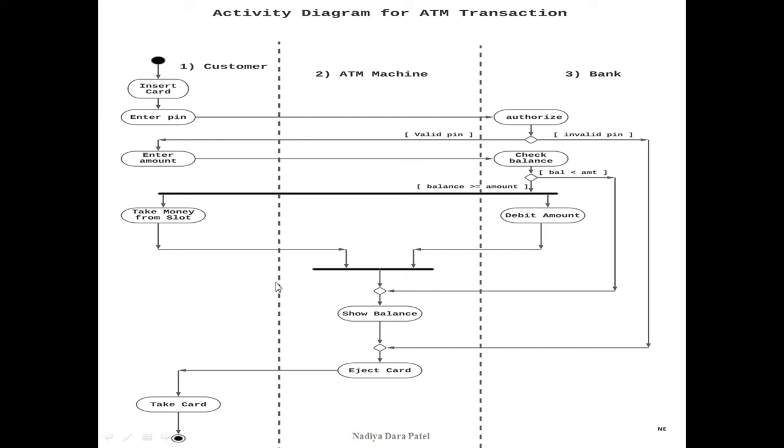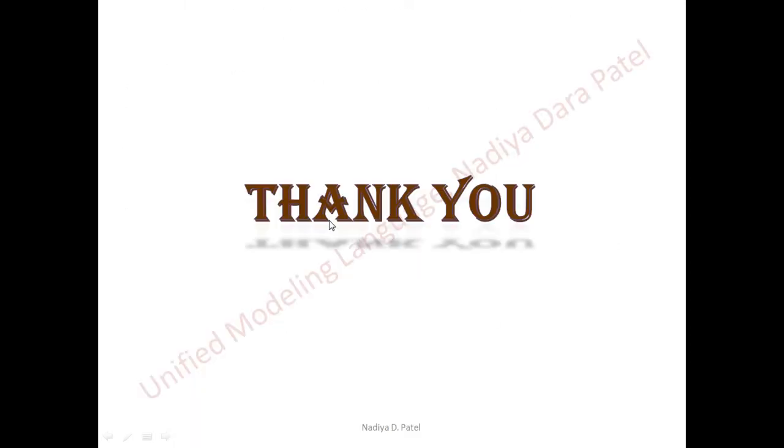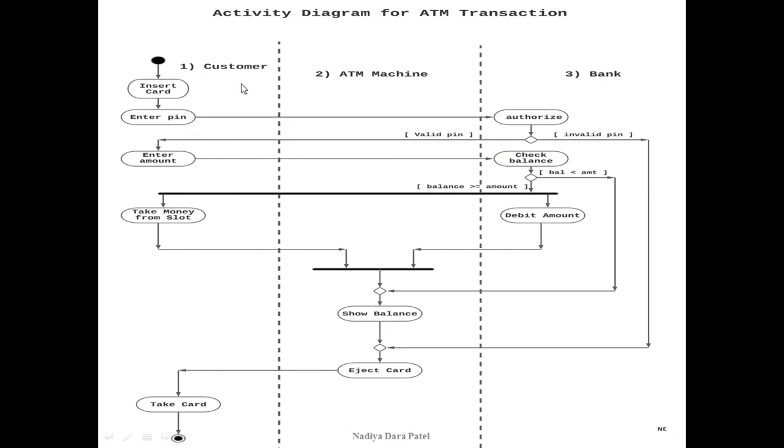These are the swim lanes. Now when to use these swim lanes and where to place them. If you think there is some grouping of activities together, like I have done, here is the part where customer is coming, here is the part where ATM machine is coming, and here is the part where bank is coming.